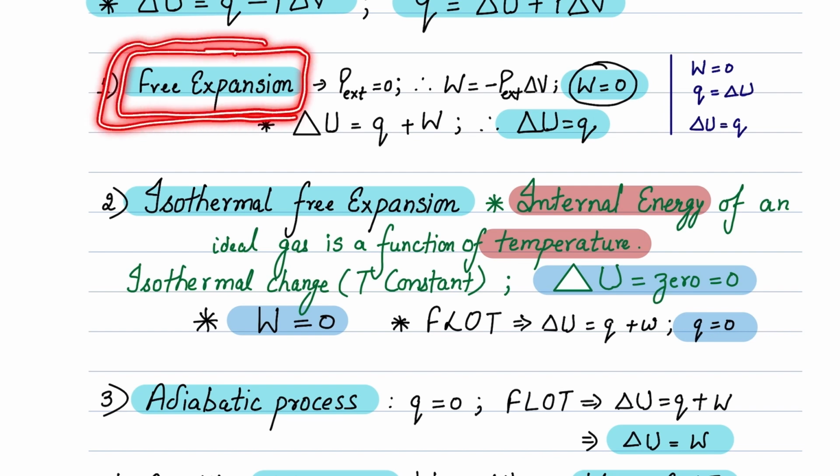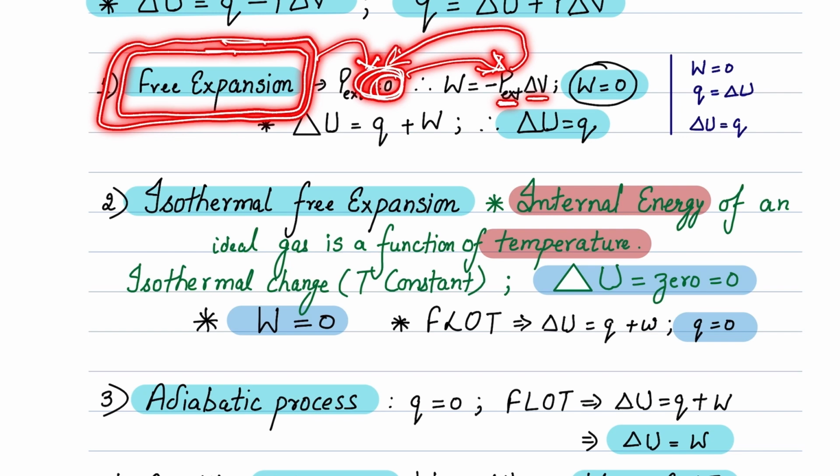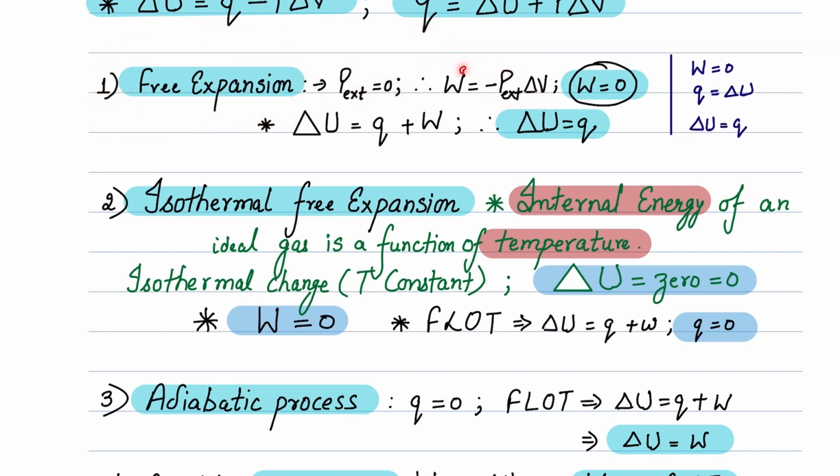Now, we know that in the case of free expansion, the P external is equal to 0. So, our W, that is equal to minus of P external delta V, as P external is equal to 0. So, W becomes equal to 0. So, we know that according to the first law of thermodynamics, delta U is equal to Q plus W, as W is 0 in this case.